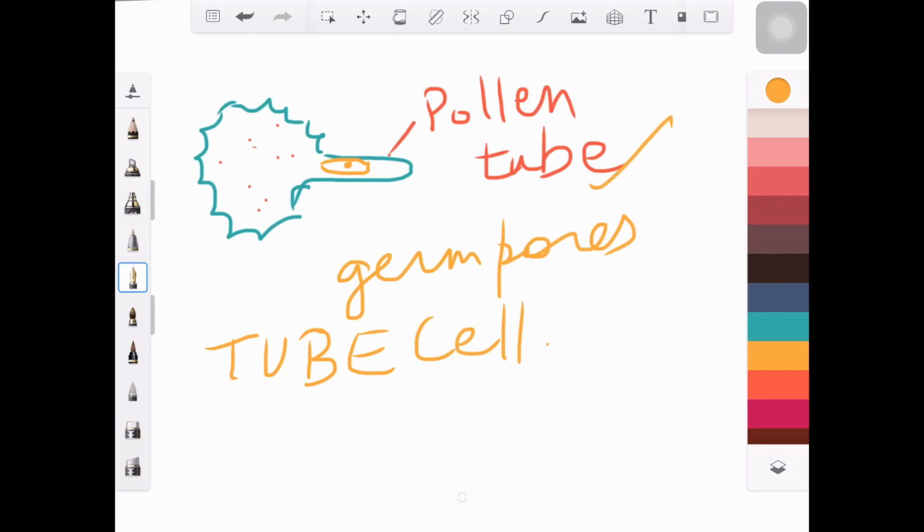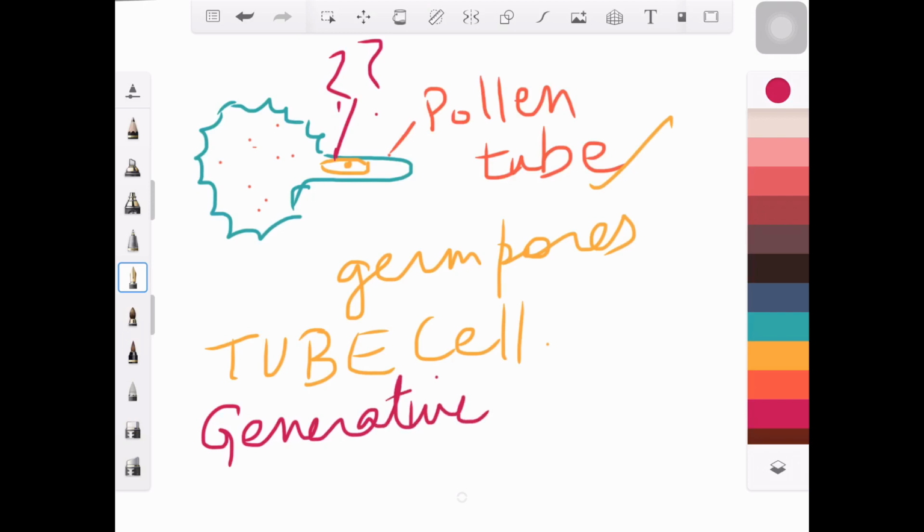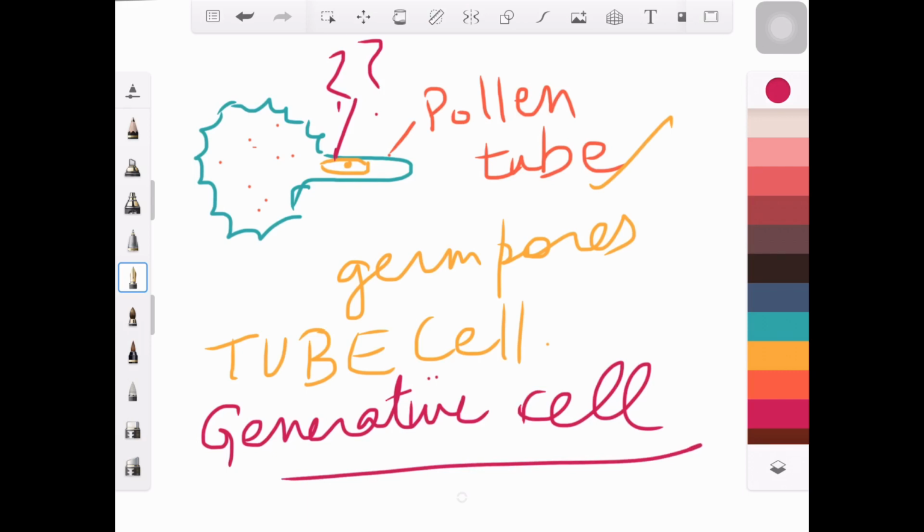And what is this yellow colored structure lying over here? This yellow structure is actually the generative cell. The generative cell also enters into the pollen tube along with the whole of the tube cell.